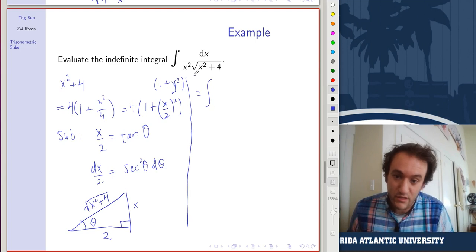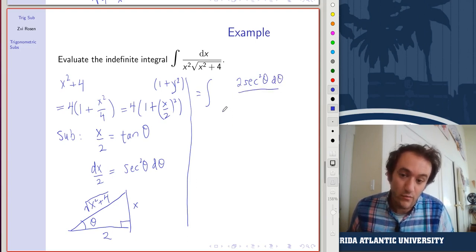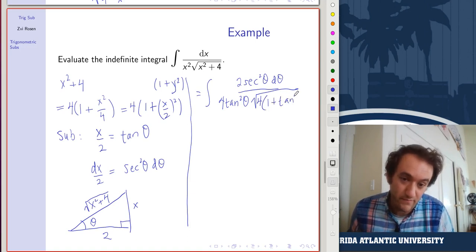So we have the integral equals the integral of dx, which we're replacing with 2 secant squared theta d theta, divided by x squared, which will be 4 tangent squared theta, times the square root of 4 times 1 plus tangent squared theta.